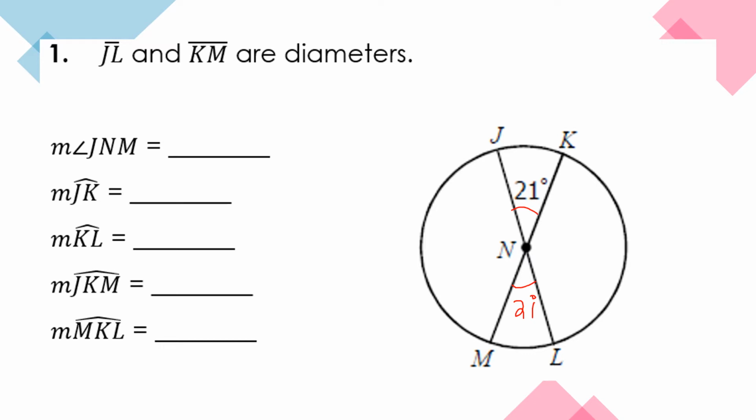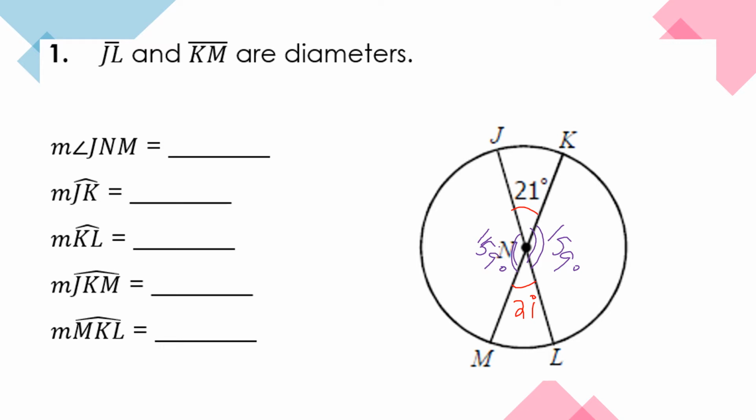So if angle JNK is 21 degrees, then in order to find angle KNL, which would be this one right here, we could do 180 minus 21, and 180 minus 21 would be 159. And likewise, because of vertical angles, or you could do the linear pair for angle JNM, it would also be 159 degrees.